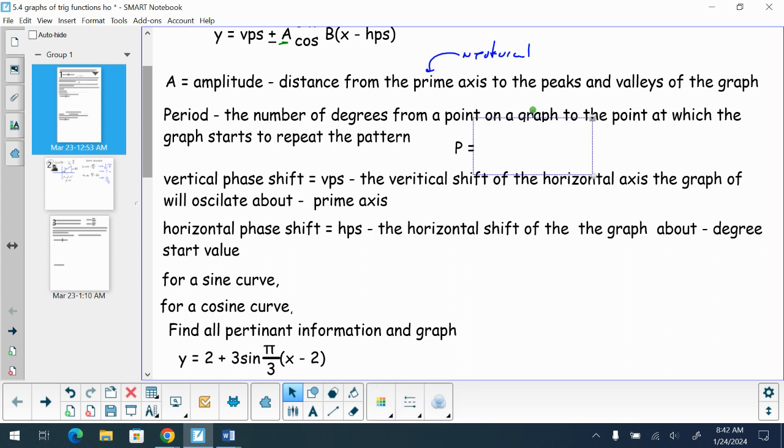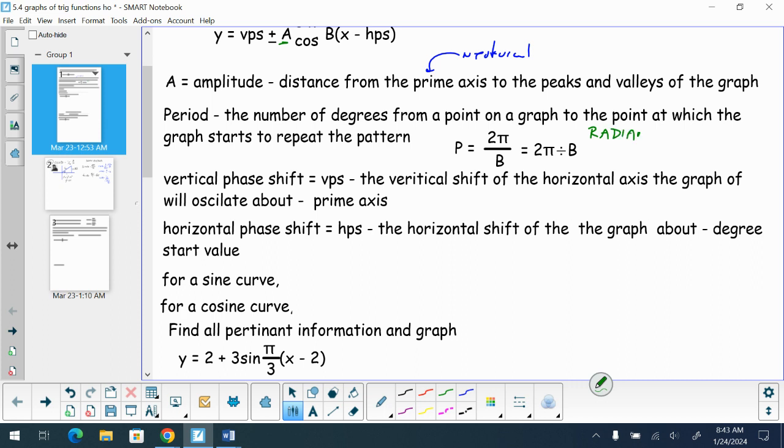How we calculate our period is we take 2 pi and we divide that by b. This is once again in radian mode. We will deal mainly in radians in this class.